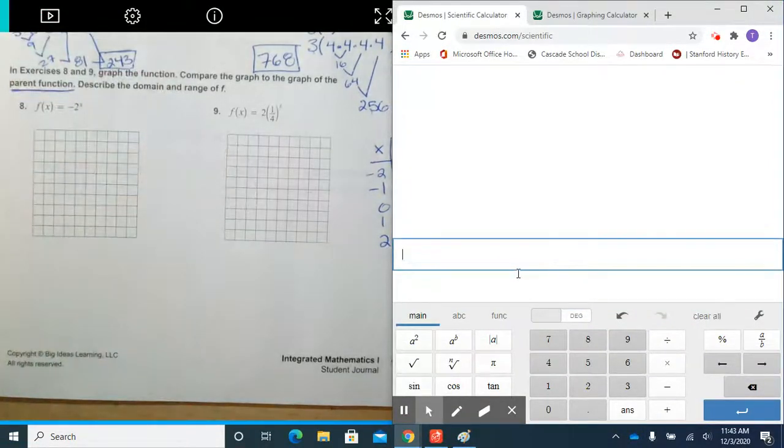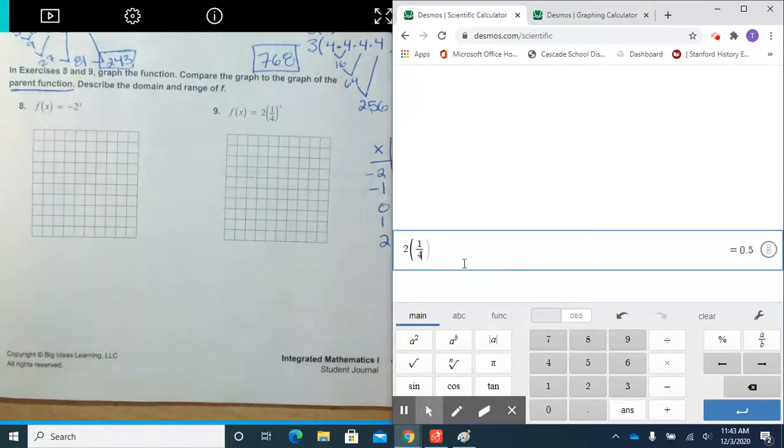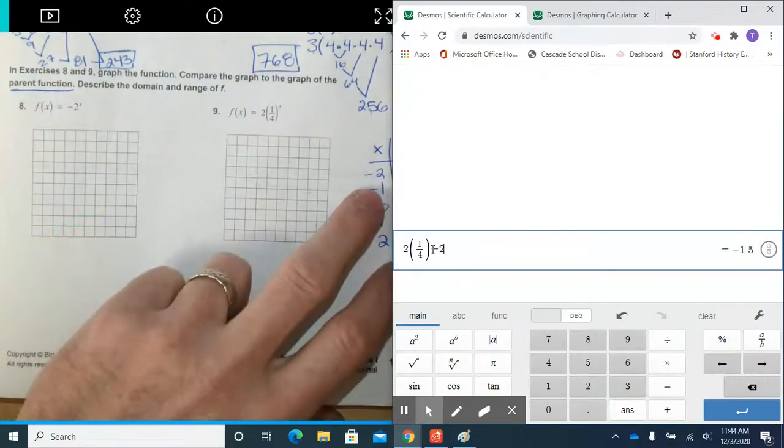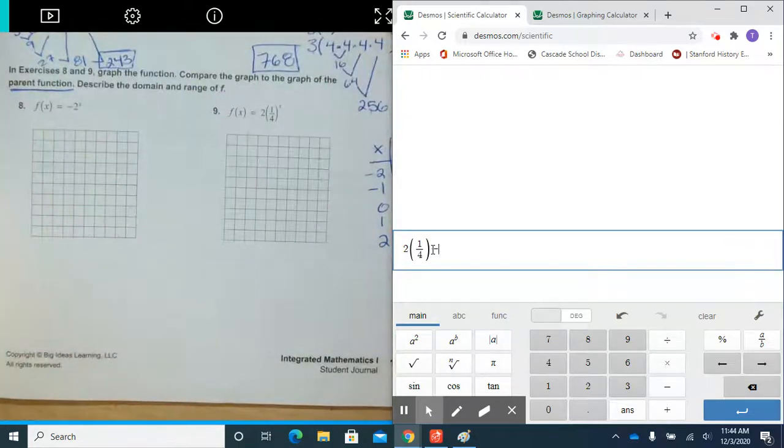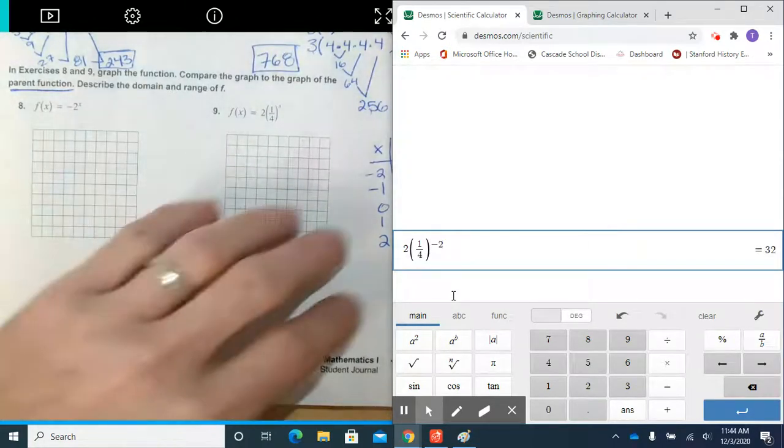Because this is a lot. 2 times parentheses 1/4 to the x value. So my x value is going to be -2. I didn't do the exponent. -2 is 32.